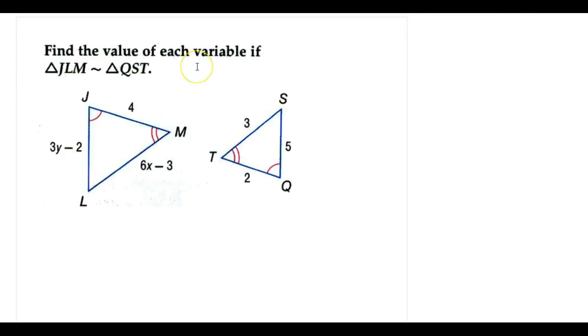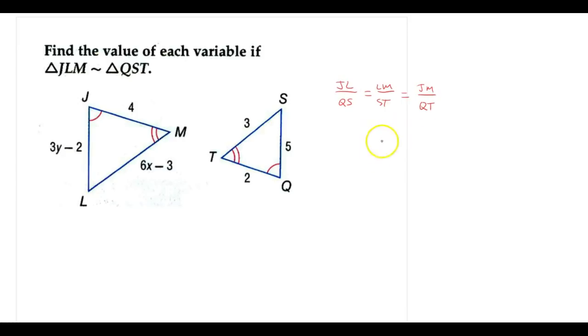Alright, so it says to find the value of the variable in each figure. So we have x and y. So if I take the similarity statement and write the ratios of the corresponding sides, JL is equal to QS, LM goes with ST, then JM goes with QT.